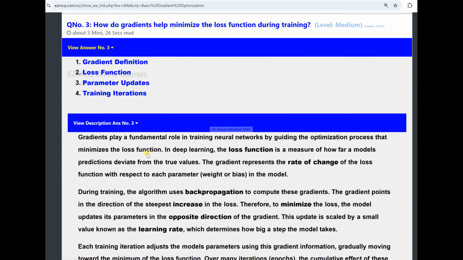Okay, now let's look at parameter updates, because the remaining we have already covered. What happens in parameter updates? While the training is done, gradients are used to update the model parameter, which is the weight. And how it is done, I've shown you, by subtracting a fraction of the gradient, which is scaled by the learning rate, which was alpha.